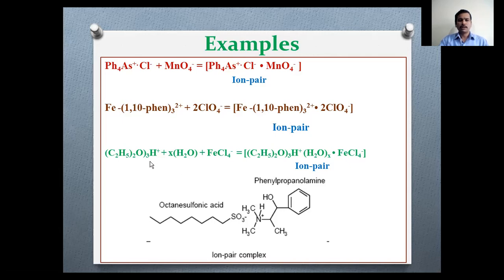Similarly, some other typical types of ion association complexes are also possible. Here, C2H5 twice O is ether. Ether is an oxygenated solvent. When you take any oxygenated solvent and treat it with acid, protonation of that oxygenated solvent takes place.